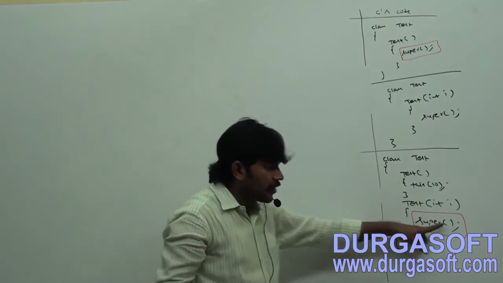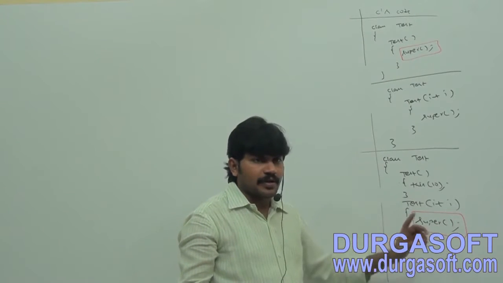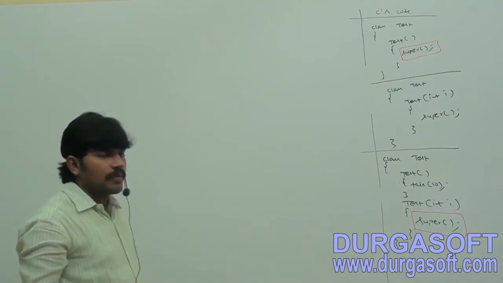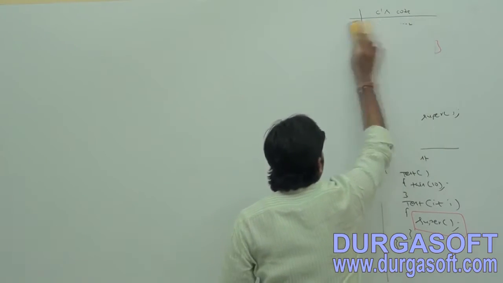Super bracket open bracket close. Okay, that's all. Are you getting it? So what is the default constructor? What is the prototype of the default constructor?